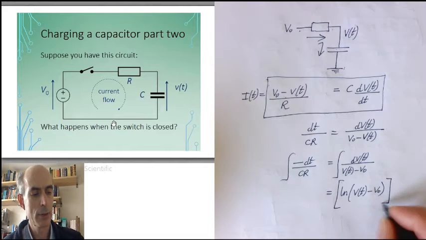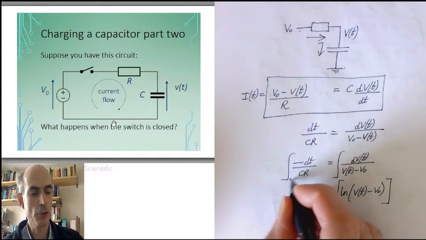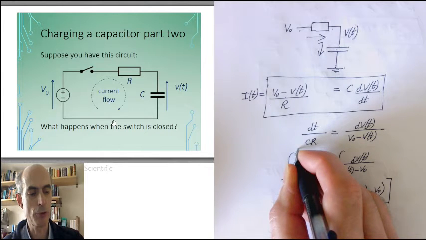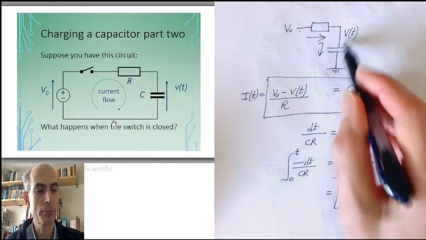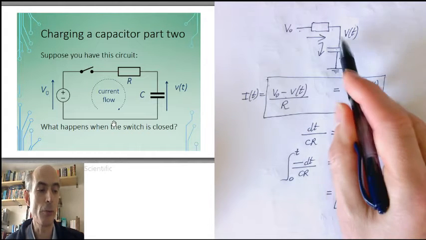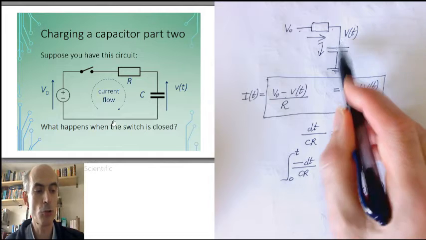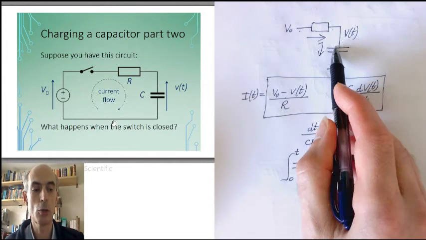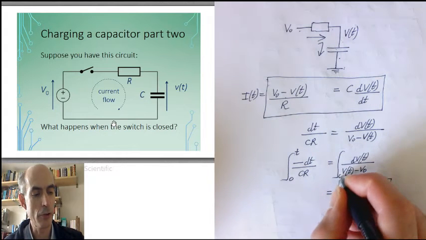Now, the limits of integration on this side, time starts off at 0 and ends up at some time of interest t. The voltage on this side starts off as 0, because immediately after we close the switch, there would be no charge on the capacitor, no current has flowed onto it yet, so V of t would start off as 0.